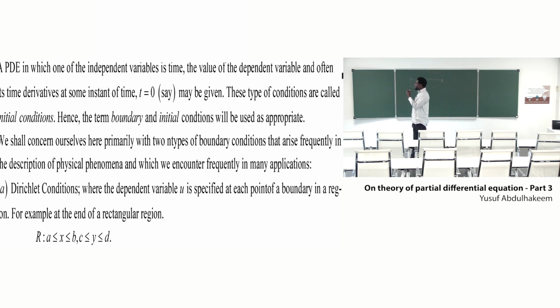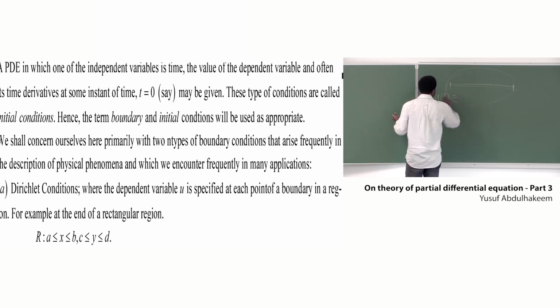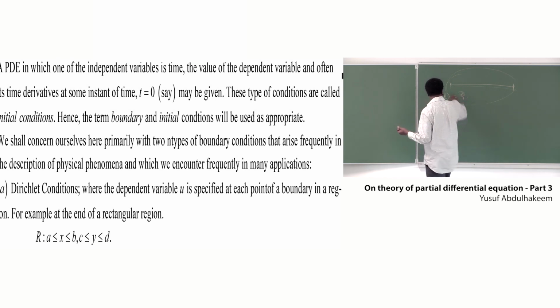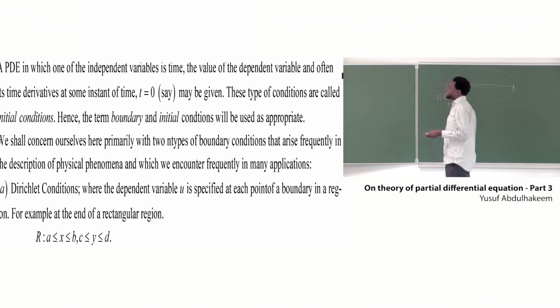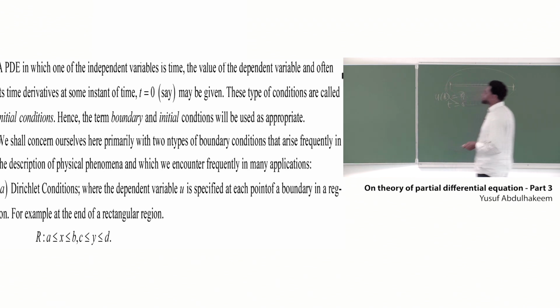This type of condition is called the initial condition, which implies that at the initial stage, u of t is given, maybe as a, at t equal to 0. So this condition here is what we call the initial condition.